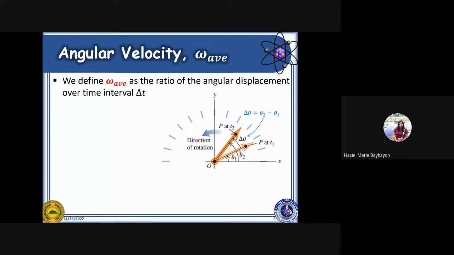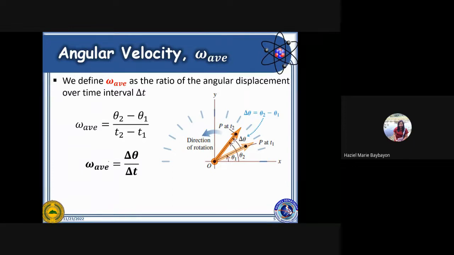So if we account the ratio of the angular displacement with respect to the time interval, we will get the angular velocity. So nakay theta final minus theta initial divided by the time interval, t2 minus t1. Okay, so this is the rotational analog for velocity v.